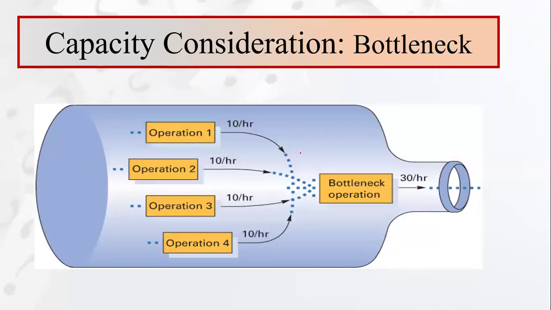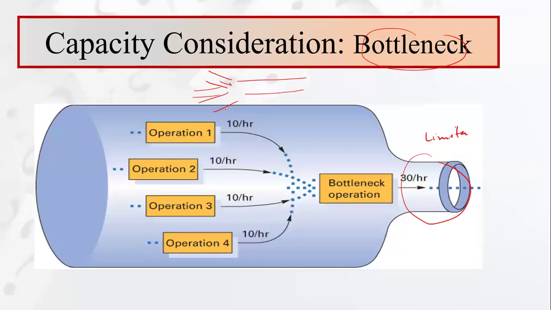This is called a bottleneck. A bottleneck is limiting. For example, you have a pipeline here, another pipeline here, and all the pipelines are coming and joining here. Another pipeline is coming here.